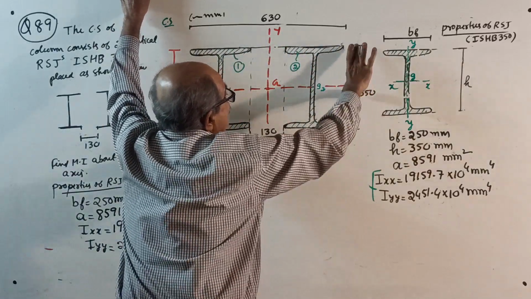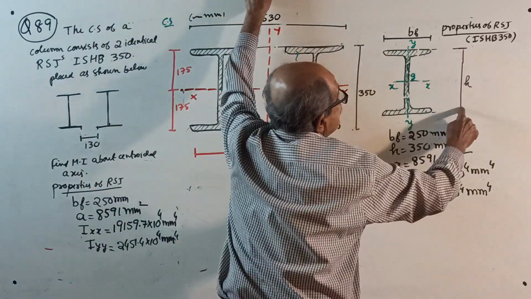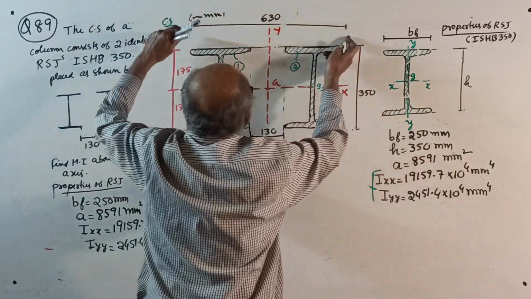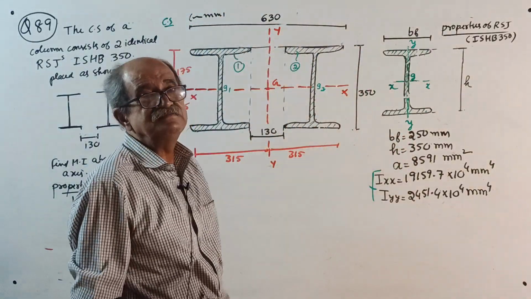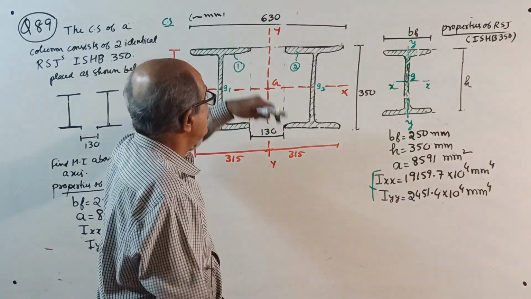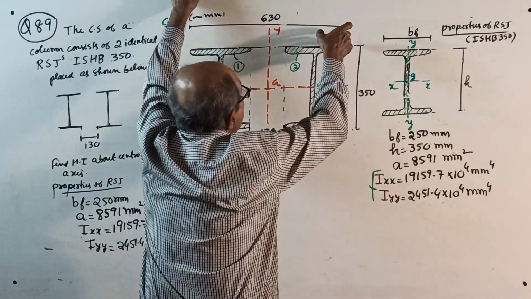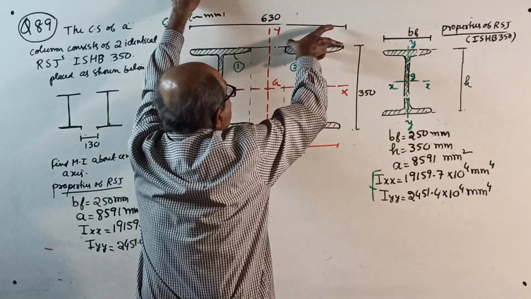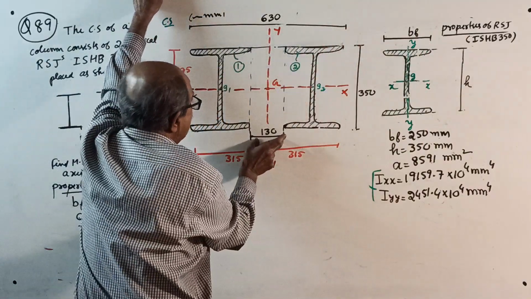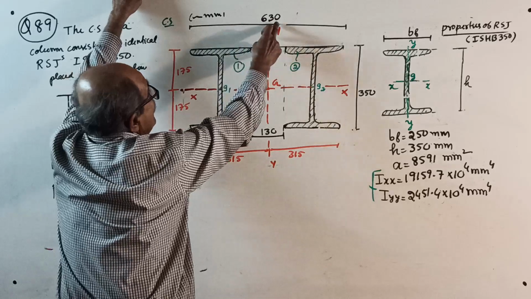Overall depth is this H, 350. Now for the overall width, breadth of flange is required. The breadth of flange is 250. 250 plus 130 plus 250 is 630.